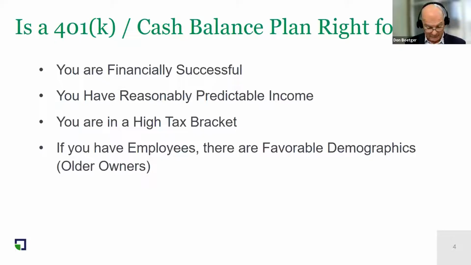Then, however, if you back it off to age 50, that limitation drops down to 158,000, and at age 40, 95,000. So it can still work at age 40, but as you see, as you get older and closer to retirement, that's when you can have significant contributions to a cash balance / 401k plan.